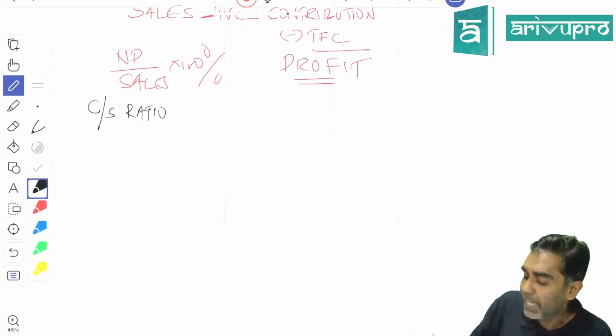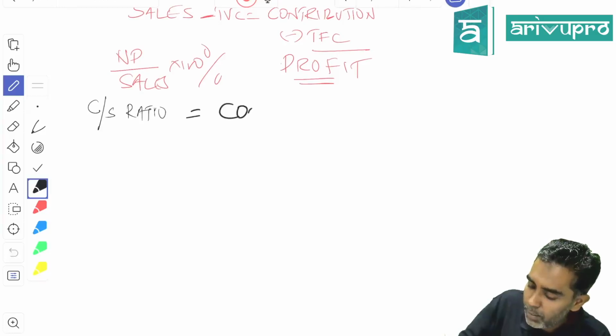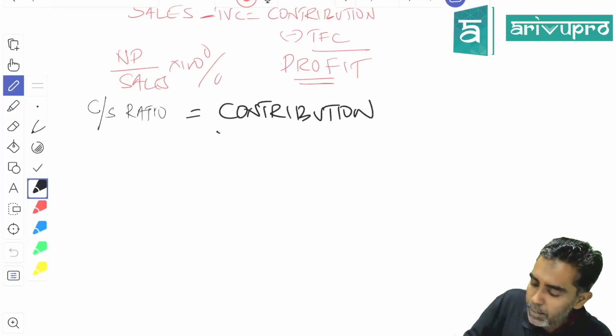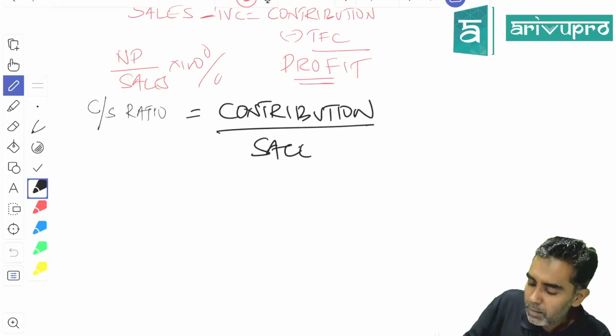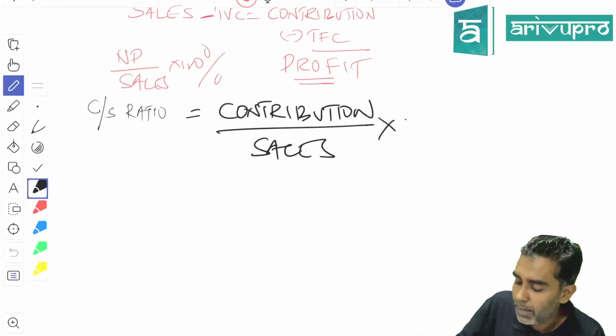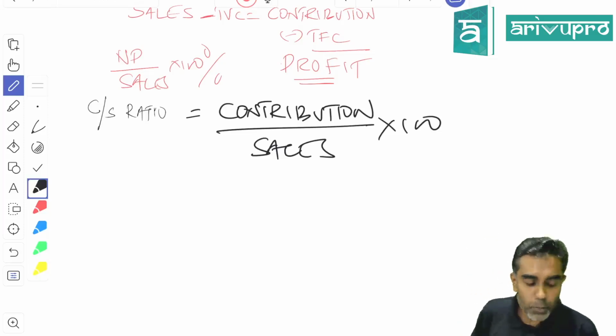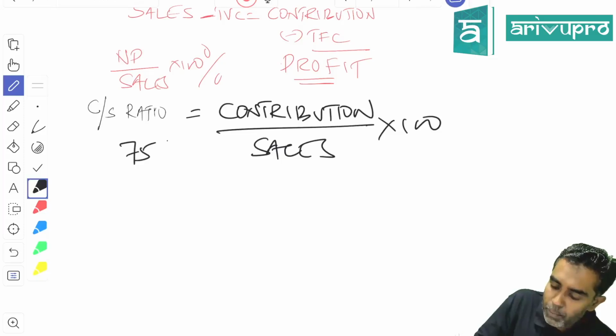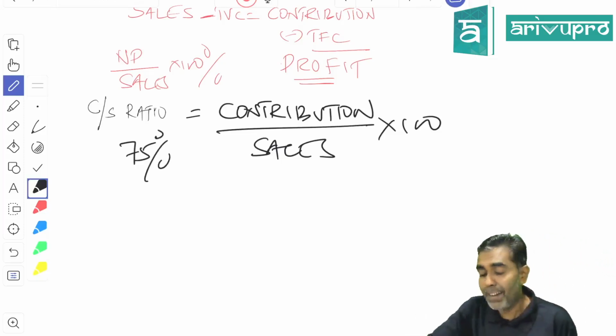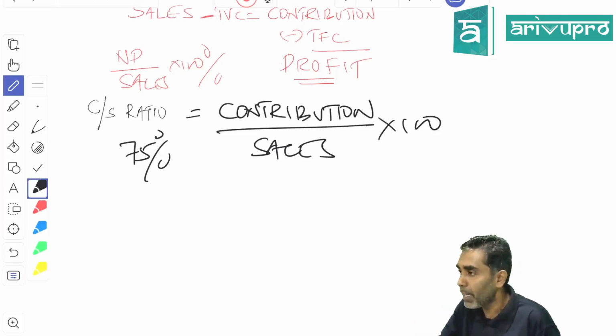What is meant by CS ratio? Contribution divided by sales times 100. We call it the CS ratio, which should be kept at 75%.